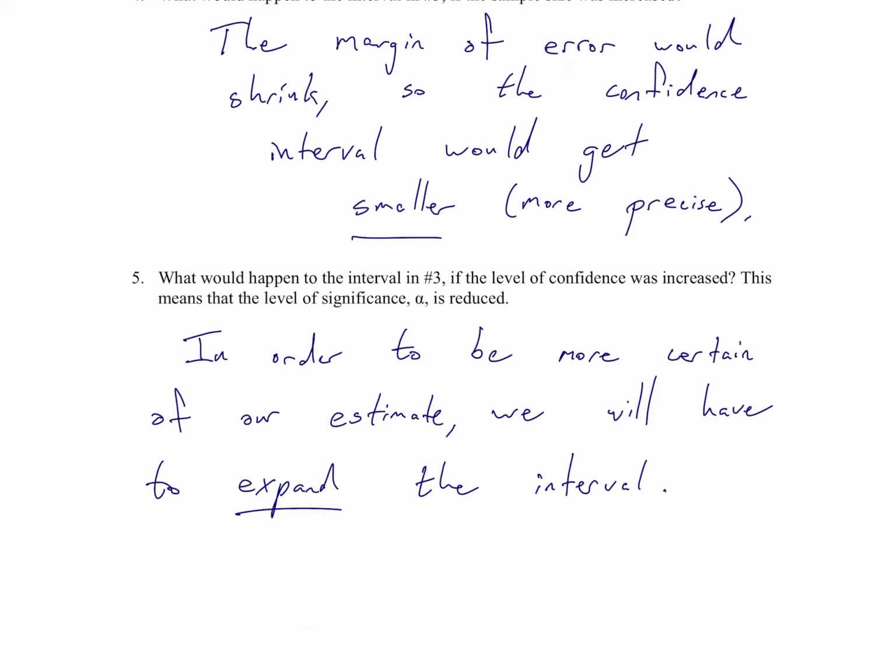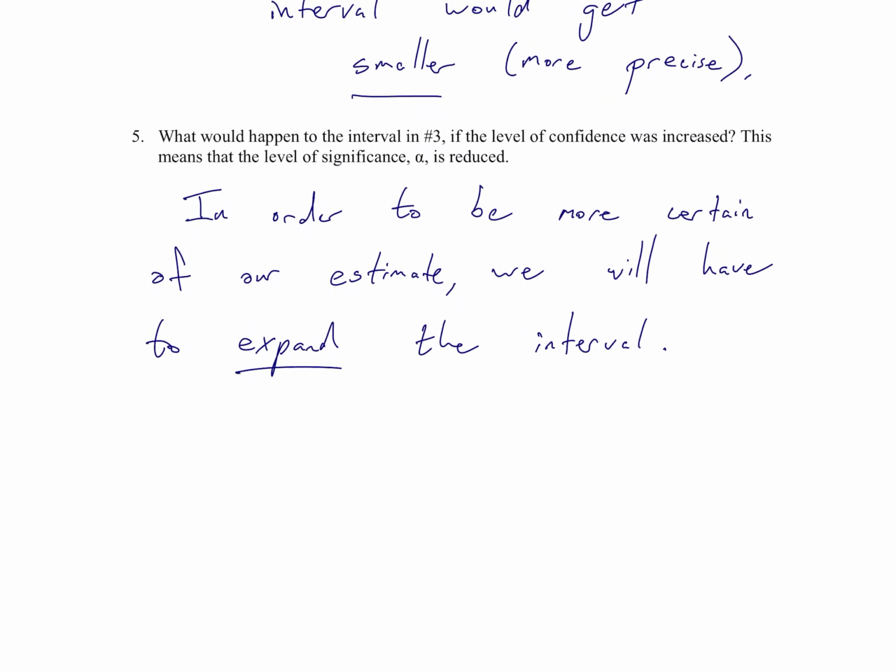In other words, maybe just to give an example, I could have a pretty small range that I'm 50% confident will cover the actual population mean. But if I needed to be 99% confident that the population mean was in that range, I would have to stretch out that range a little bit more. So if we want a higher level of confidence, then the confidence interval will grow.